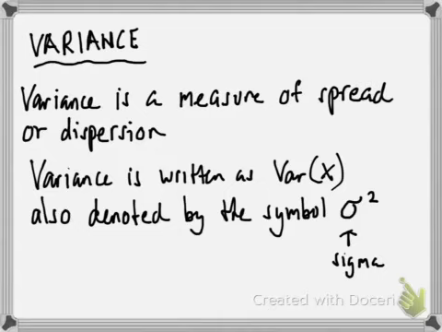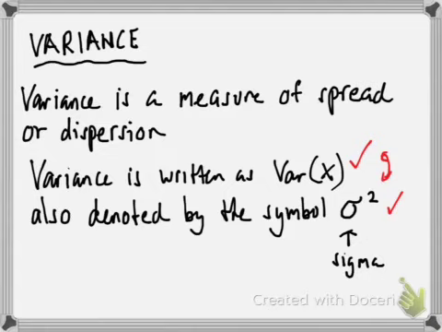Okay, so here we're talking about variance, and it's related here to discrete random variables. But variance generally is a measure of spread or dispersion. How dispersed something is, how widespread it is. In discrete random variables, you often see the symbol Var(X). It's also denoted by the symbol sigma squared. You sometimes see that, so they're interchangeable.